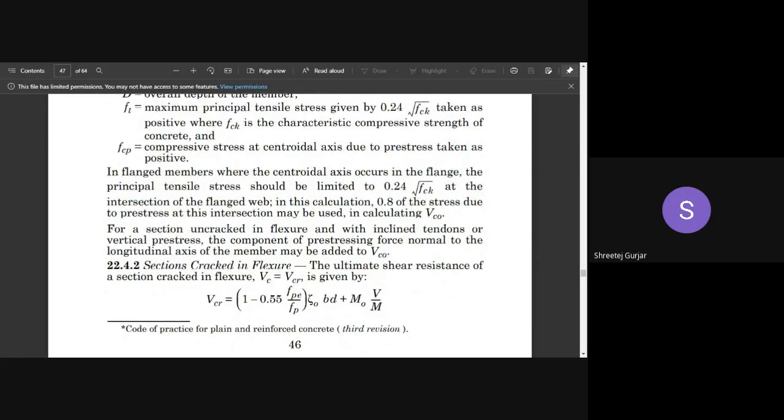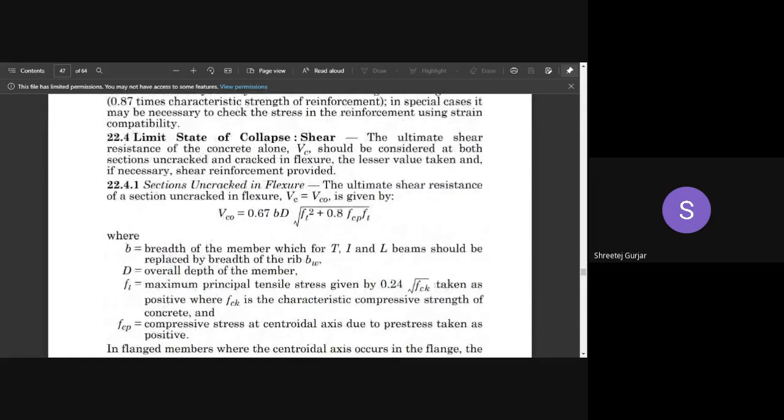So if you have inclined tendons or vertical pre-stress, if you have inclined tendons, parabolic tendons, like sloped tendons, or if you have directly applied vertical pre-stress, the component of pre-stressing force normal to the longitudinal axis of the member may be added to Vco.